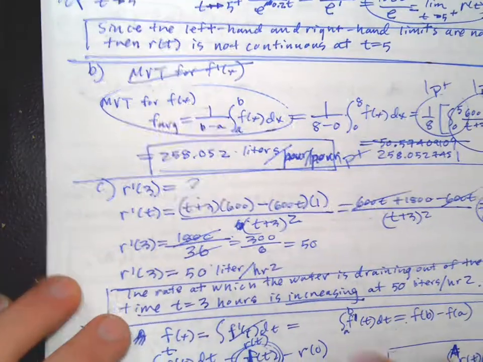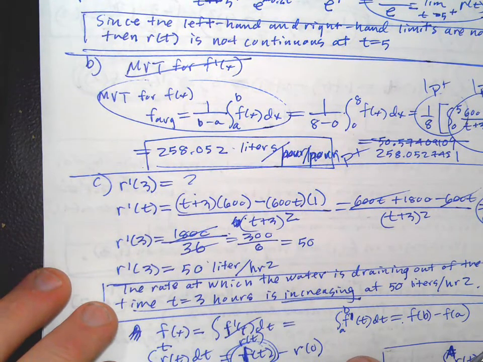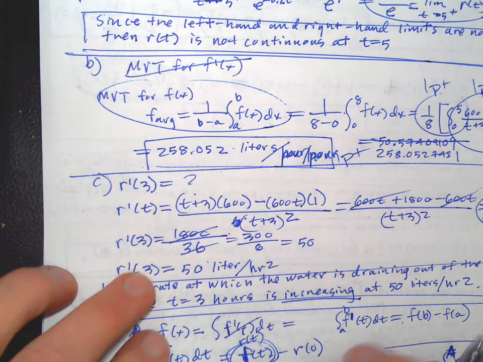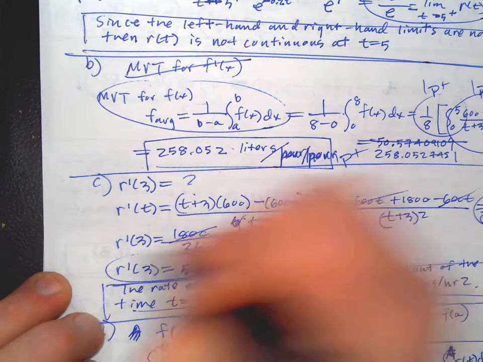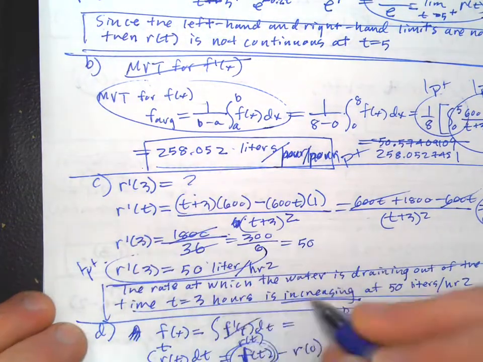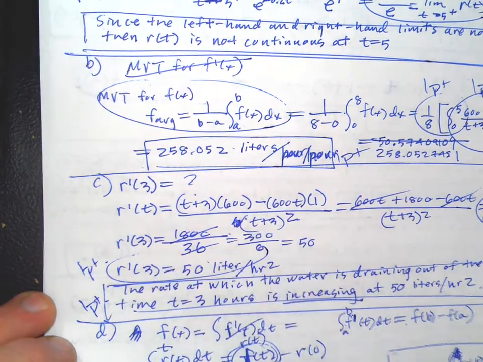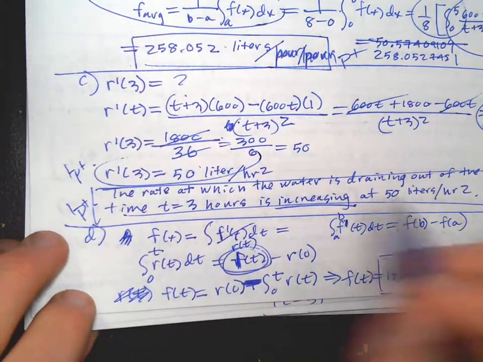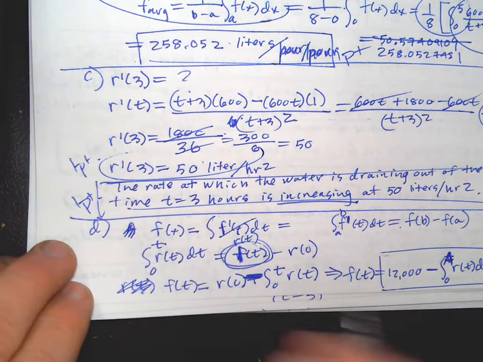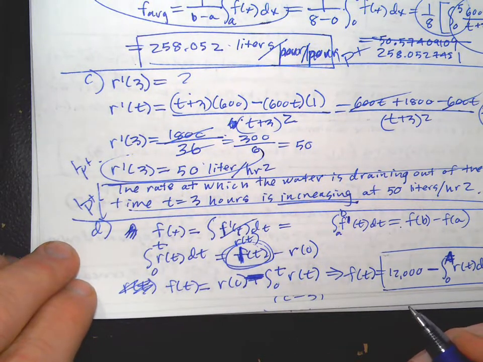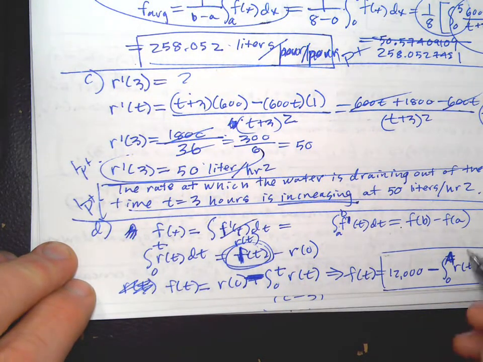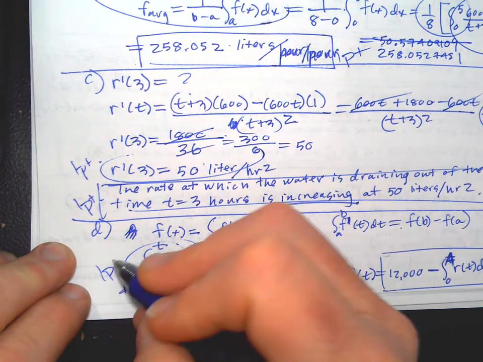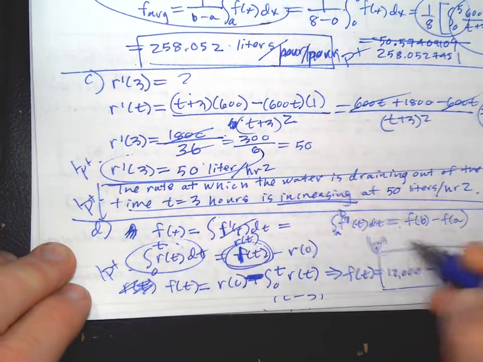This one was 2 points. This is something I think you guys could answer. 1 point for finding the derivative at 3, and 1 point for the meaning of it in the context of the problem with all the correct units. And D was 2 points, 1 point for the integral, 1 point for the fact that you even just wrote that, and then 1 point for your final answer.